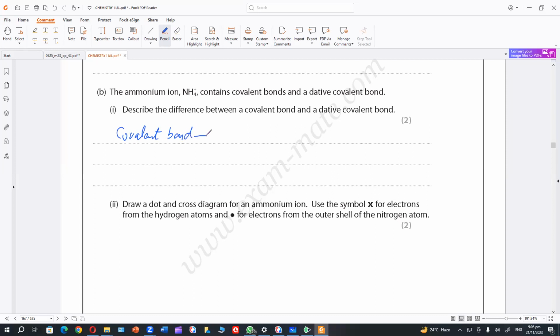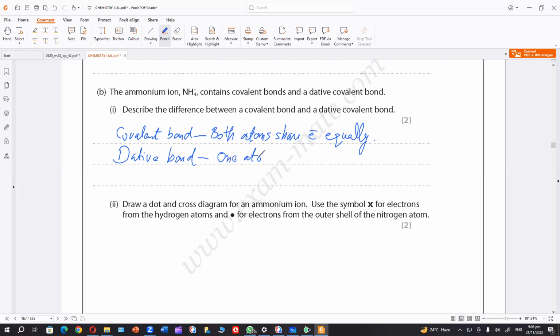However, in a dative covalent bond, one atom donates a pair of electrons. Rather say pair, not two.